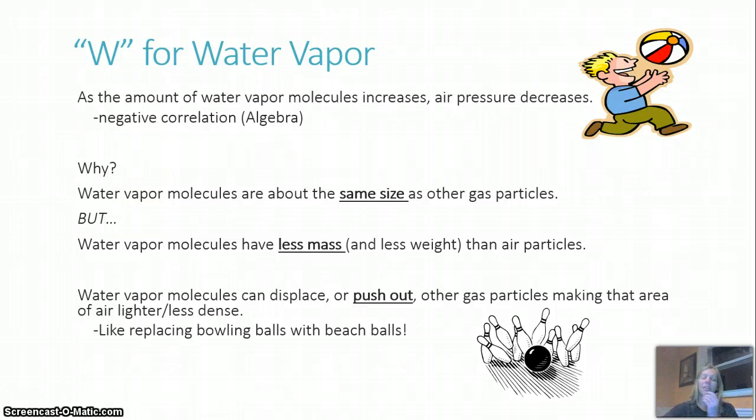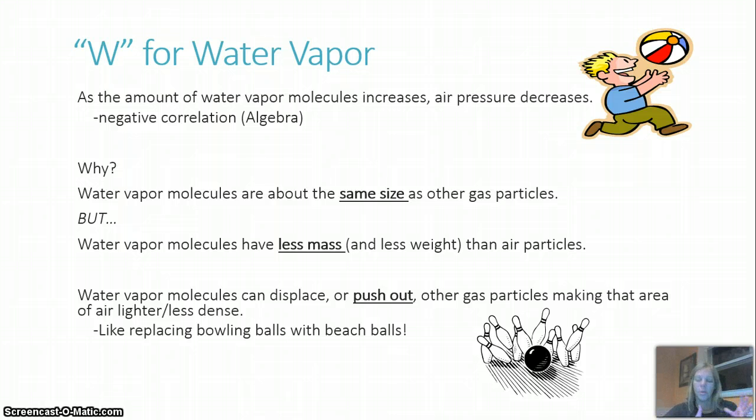Water vapor molecules are about the same size as other gas particles. However, they have much less mass or weight than other air particles. So, the water molecules can push out other gas particles, taking their place, and therefore it lowers the density or makes the air much lighter.